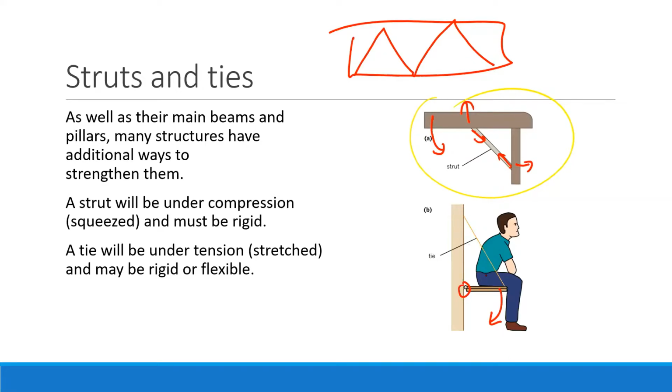The tie applies an anti-clockwise torque by pulling. It's pulled downwards by what's that force called? It's pulled downwards by tension. So in order to battle that tension, the reactionary force is that the wood gets pulled upwards, and that balances out this torque, and so therefore you can sit on it.